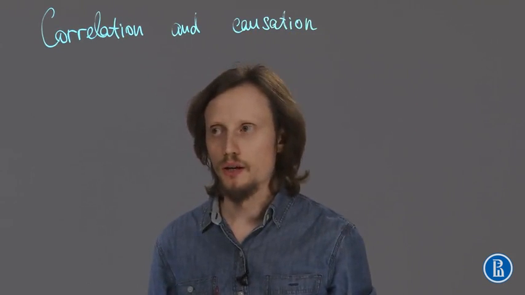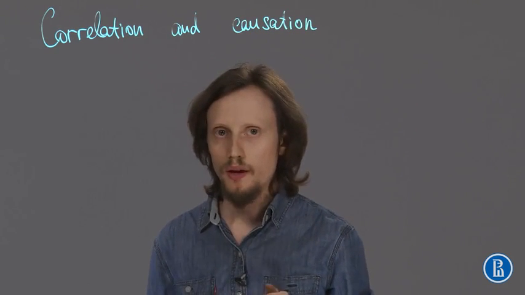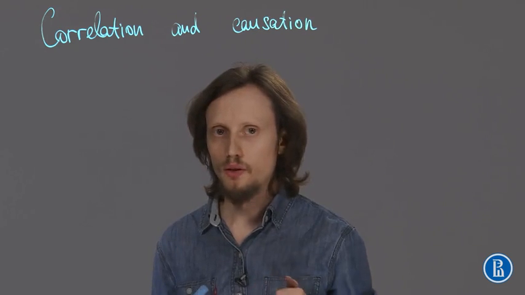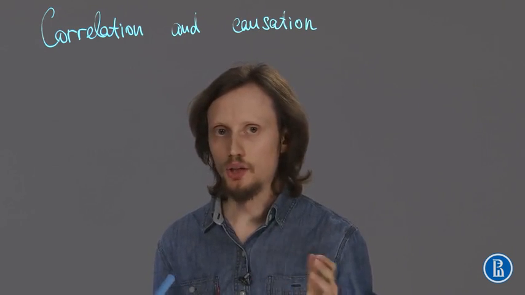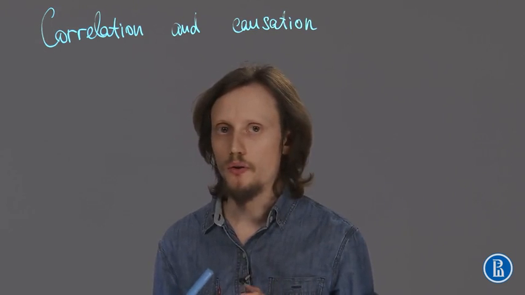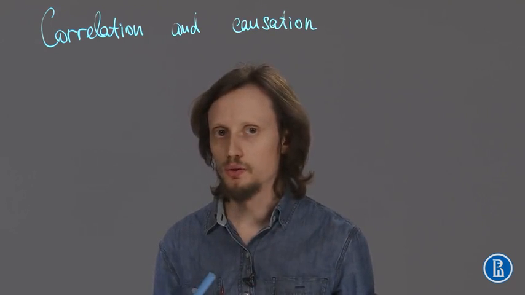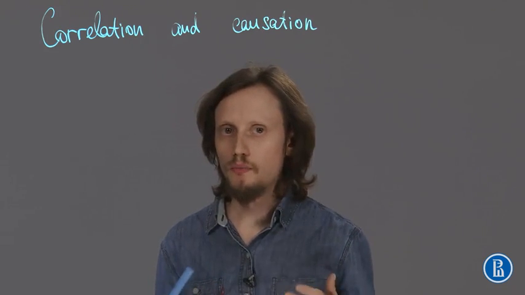Let us assume that I conduct some study and I'm interested in the following question. Are vegetables good for our health? Is it good to eat more vegetables to become more healthy and live longer?